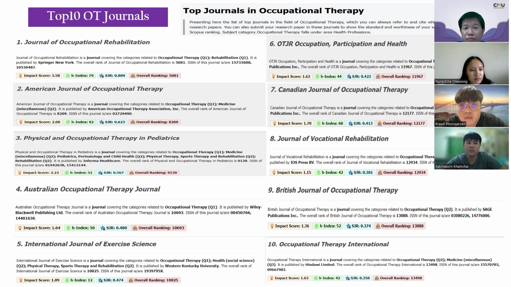If they find something on the moon, on Mars, or something new about the sun, that is a publication. It's super high. But in OT, it's not too high. Its maximum impact factor is only 3.5.